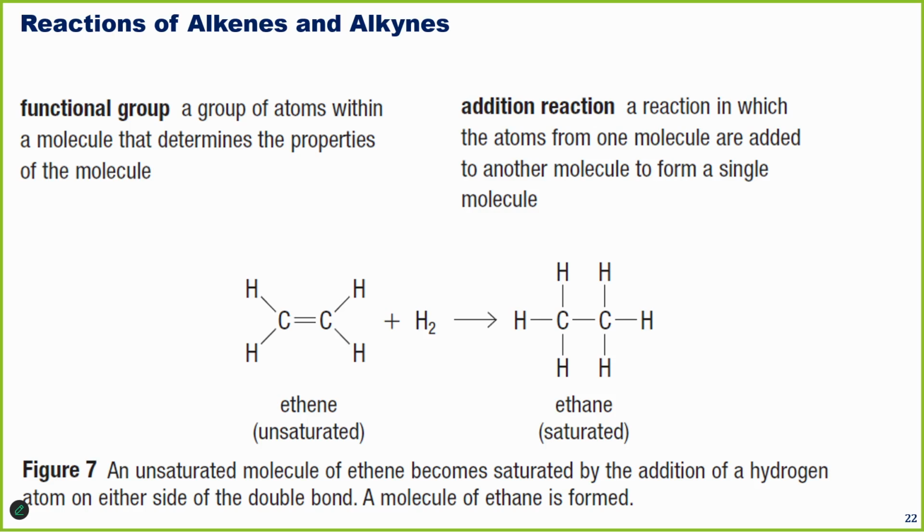The concept is illustrated here in figure 7. For example, an unsaturated molecule of ethene becomes saturated by the addition of hydrogen atoms on either side of the double bond. Then a molecule of ethane is formed. Are you clear?